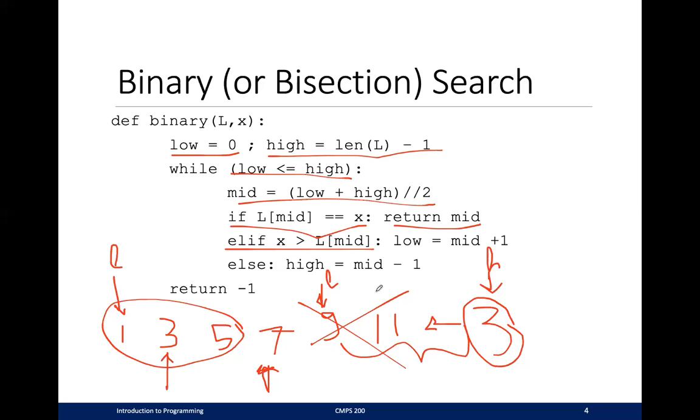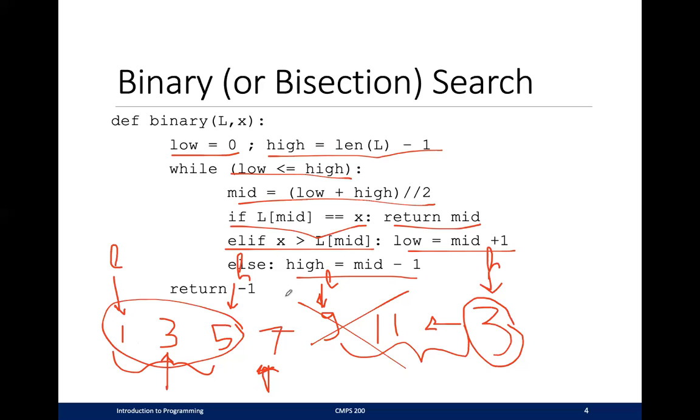And if it was the opposite, if my element was less than the middle element, I'm going to update the high. So I'm going to put high here, and I'm going to look between low and high. So I update the low if X is greater than the middle, and I update the high if X is less than the middle.